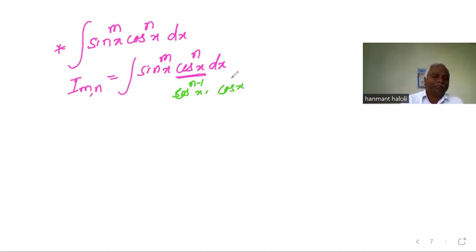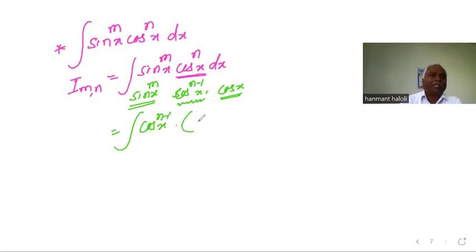Take sine raised to m x with cos x as one function, and cos raised to n minus 1 x as the other. So we use integration by parts: integral of cos raised to n minus 1 x into, in a bracket, sine raised to m x into cos x, dx. Here this is u and this is v.